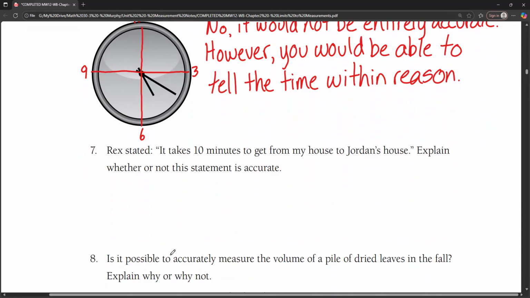Number 7, Rex stated it takes 10 minutes to get from my house to Jordan's house. Explain whether or not this statement is accurate. Okay, it's kind of the same answer as above. It is not accurate.